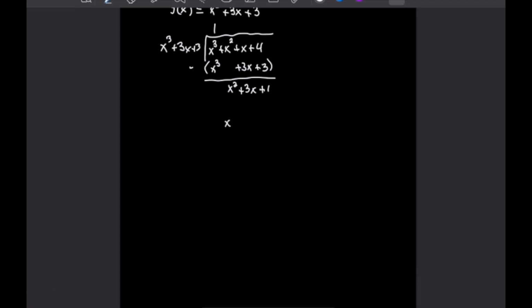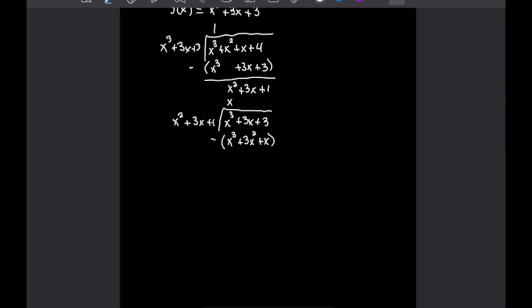So now we're going to divide our g of x, x cubed plus 3x plus 3, by what we just got for our remainder there. That'll be x squared plus 3x plus 1. So let's go ahead and do that. So we need to multiply by just x in order to match up our leading coefficients. And when we do that, we will get x cubed plus 3x squared plus x.